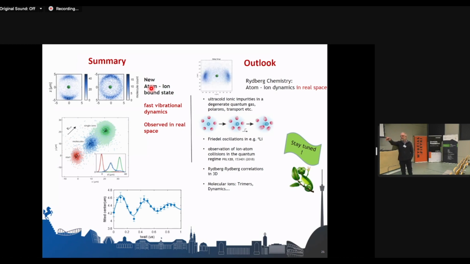I don't know where he is now. Here he is. You have seen very nicely in his talk Friedel oscillations, polaron physics around an ion, and so on. And the spatial resolution of that microscope is designed such that it should be able to detect these things in real space.